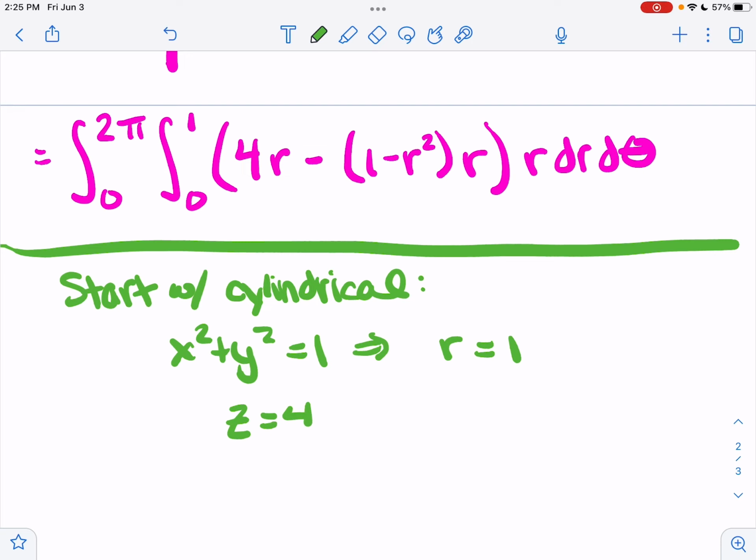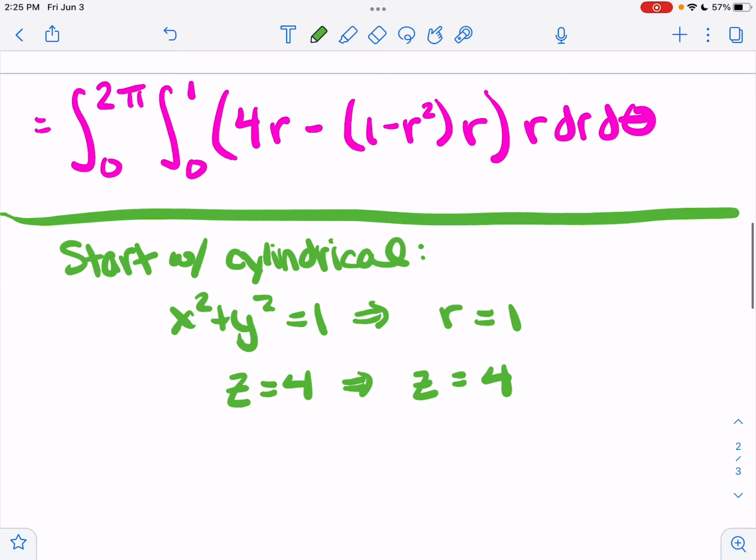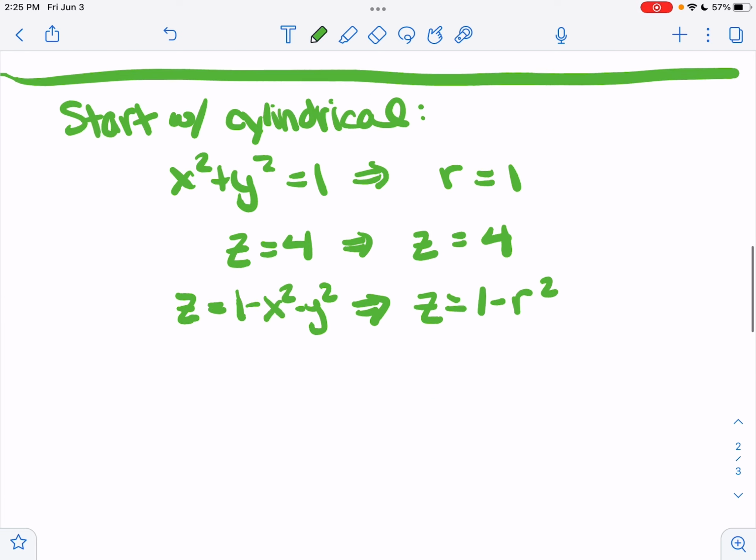Z equals 4 in cylindrical coordinates is still z equals 4. And the paraboloid z equals 1 minus x squared minus y squared, which was the bottom of our region of integration, looks like z equals 1 minus r squared. So those are the equations that describe our region of integration.